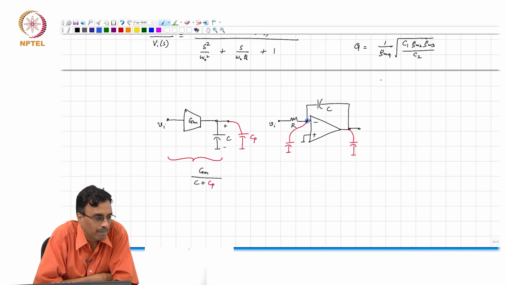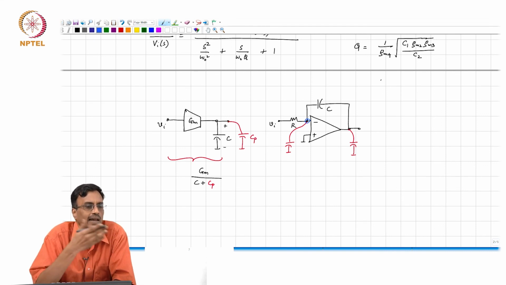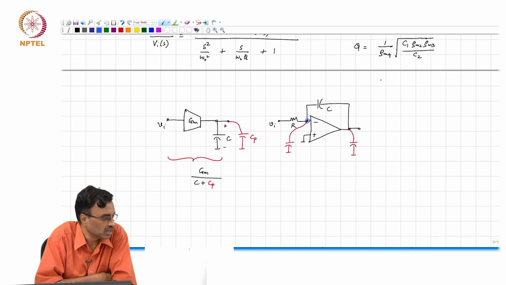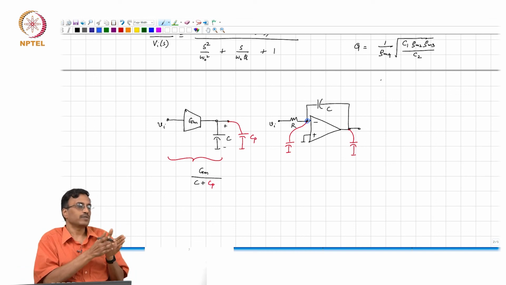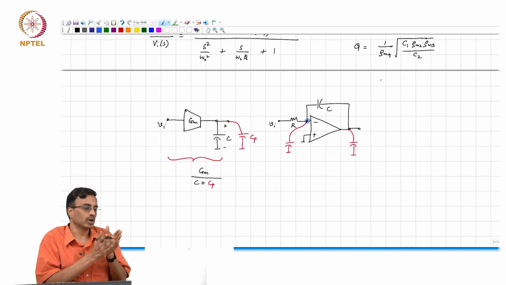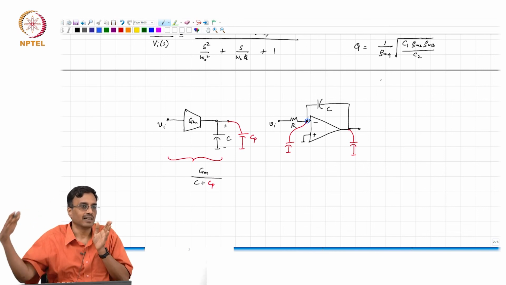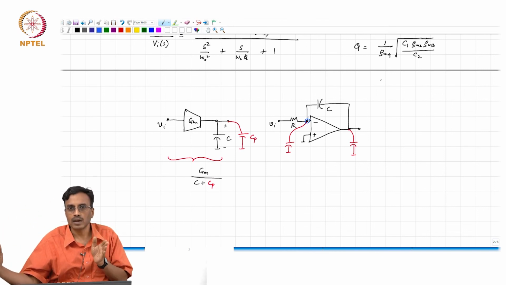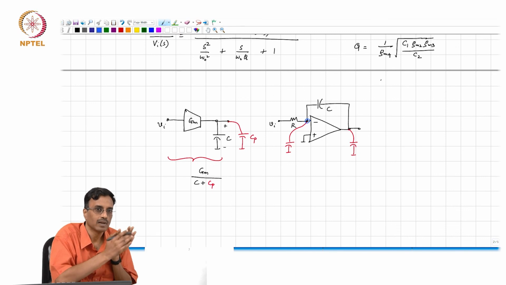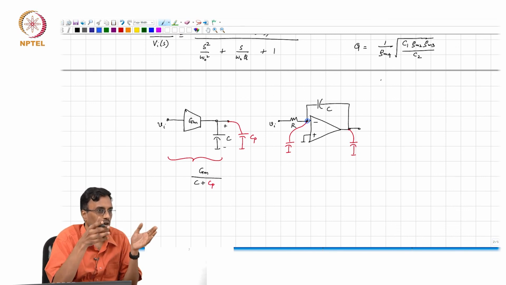So, the op amp better be really, really fast, and evidently the process technology with which you make the filter basically places a limit on how fast your op amp can be. The highest frequency filter you can make is the highest frequency op amp you can make divided by 2 times omega naught times q divided by another large number.